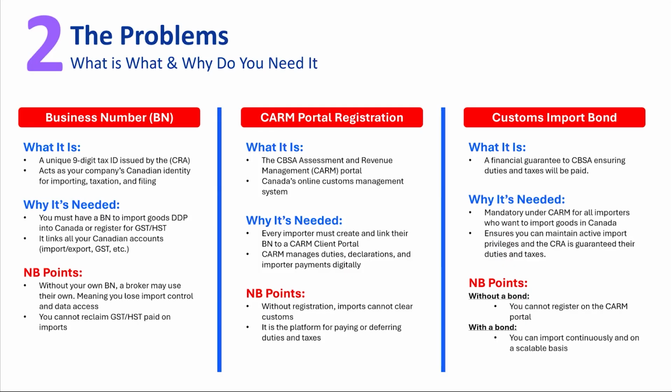The third aspect to look at, and this is slightly more opaque for many businesses, is the customs bond. Now, it's important to understand that this isn't a payment deferral for duties and taxes. It must be viewed as a financial guarantee.